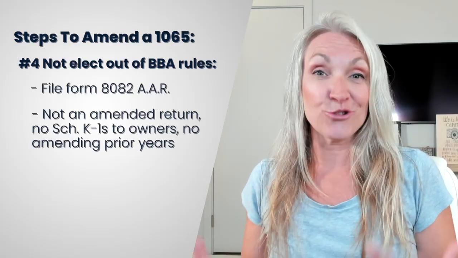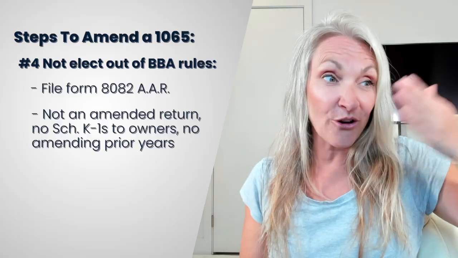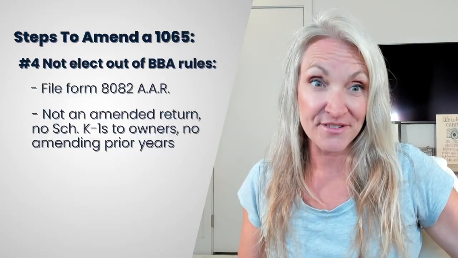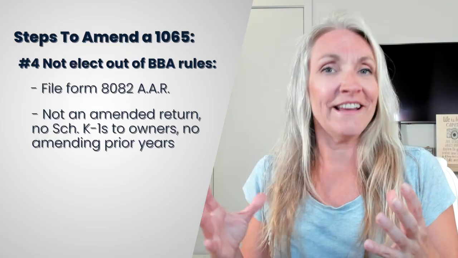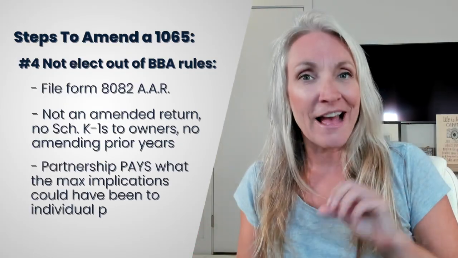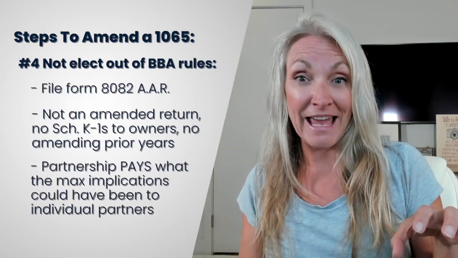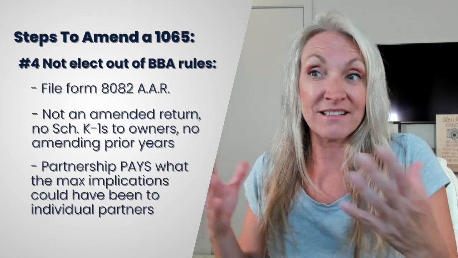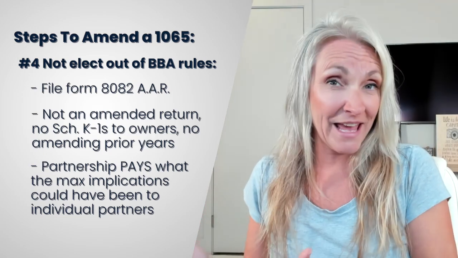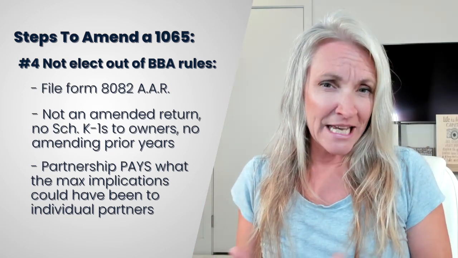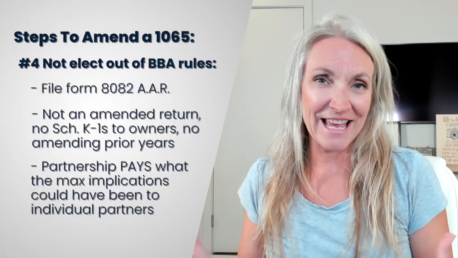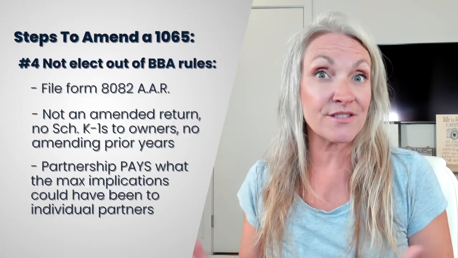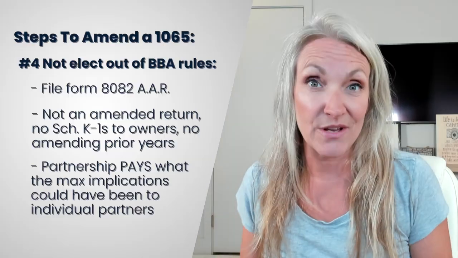And then under these new rules, we aren't actually going back to the prior years. Instead, there's this very new calculation for having the partnership pay based on what the maximum impact could have been to the partners. This is not very advantageous, but it can save a lot of the hassle and costs for auditing partnerships and all of their partners.